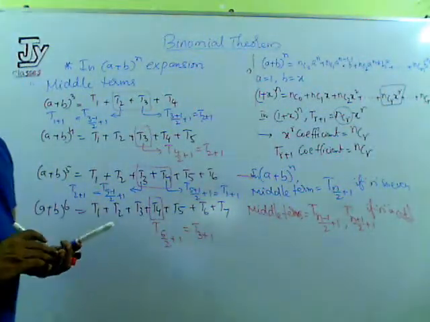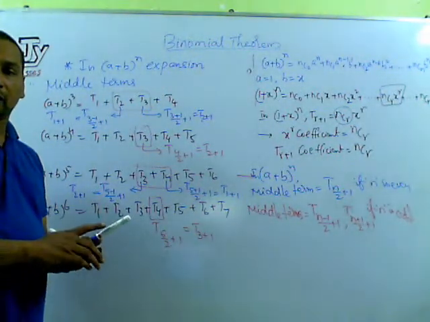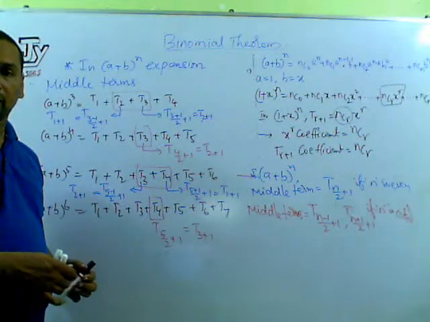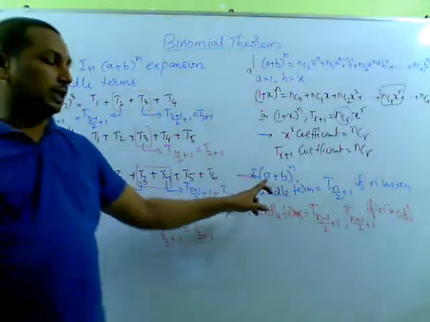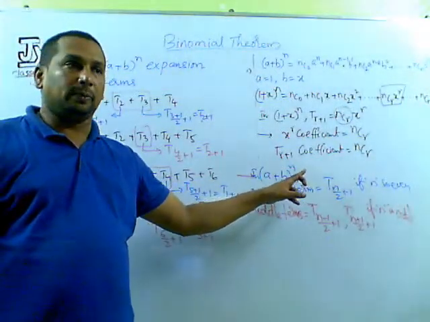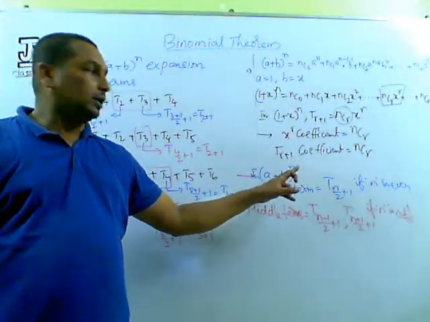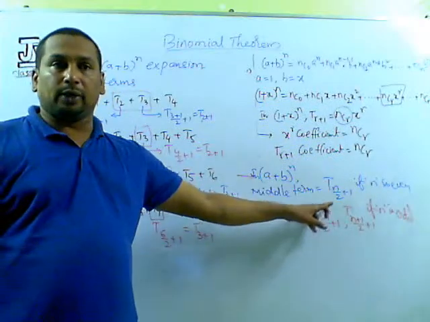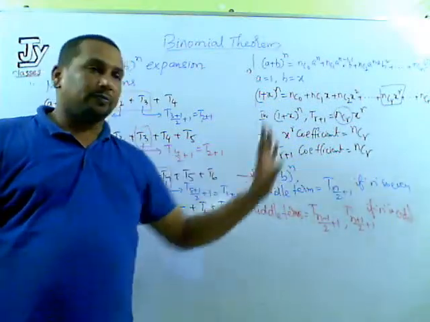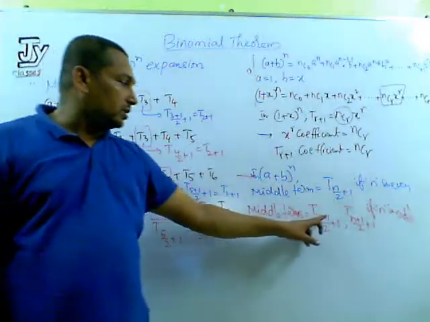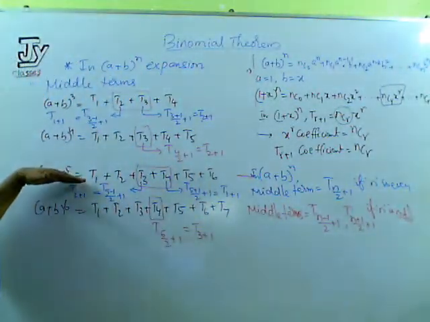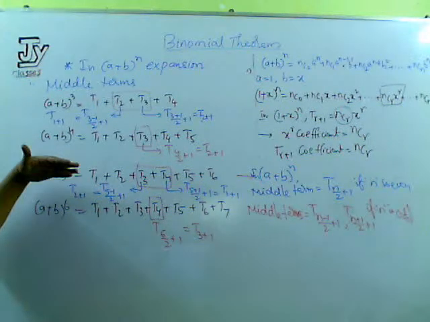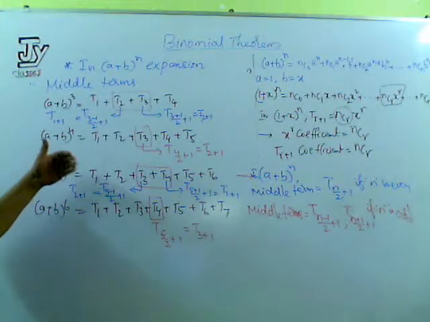Did you all get it? So how do we have to write middle terms? By taking this concept: in (a plus b) whole power n, the middle term is T(n by 2 plus 1) if n is even; if n is odd, T((n minus 1) by 2 plus 1) and T((n plus 1) by 2 plus 1). So the power is 5, that means the power is odd.